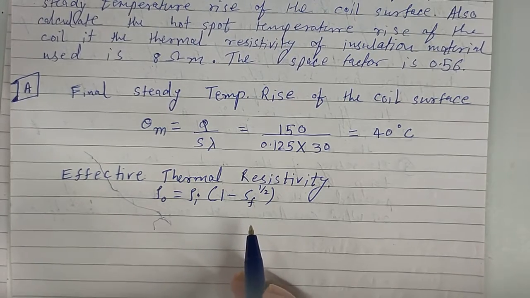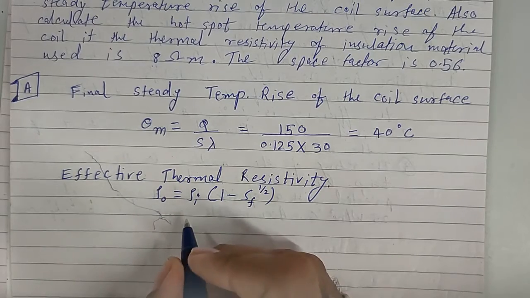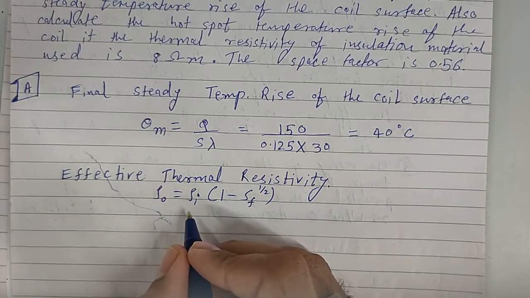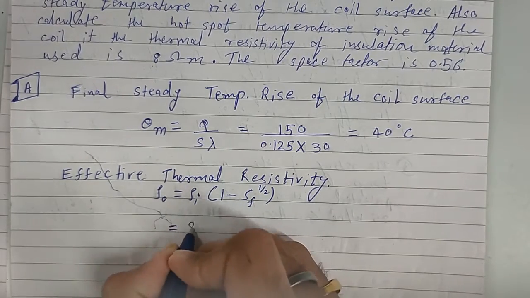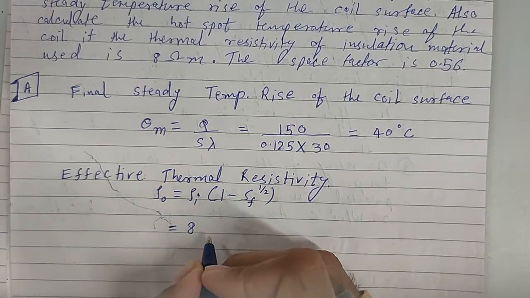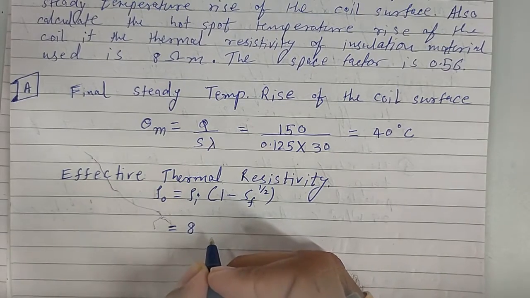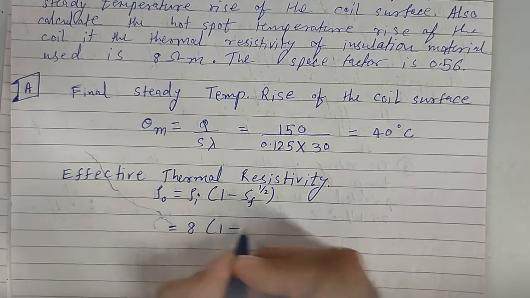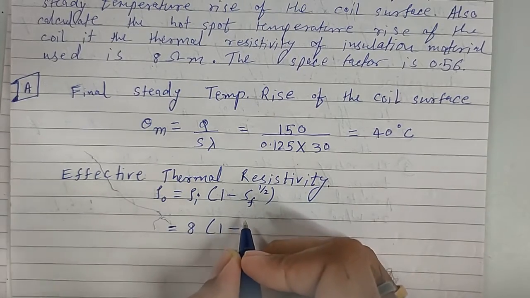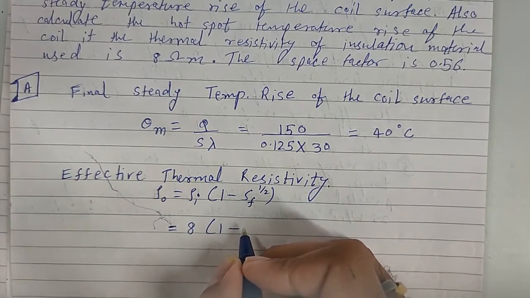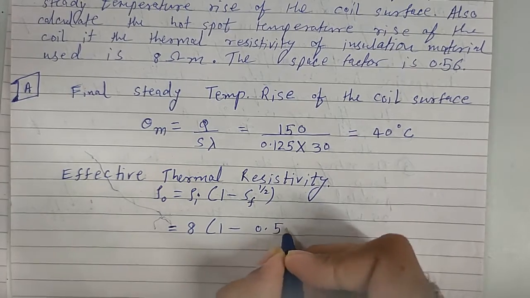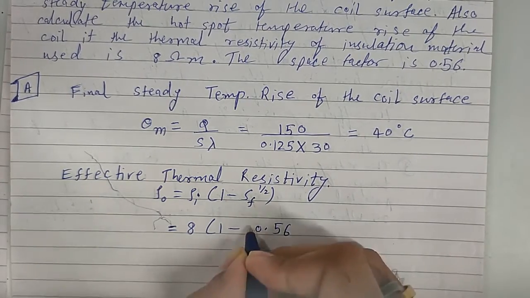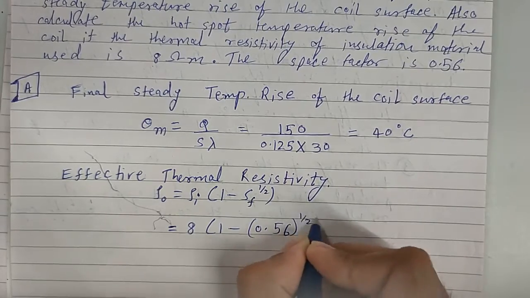Now moving ahead, if we look at the values provided, the resistivity of the insulation material is 8 ohm meter, and the value for the space factor SF is 0.56, and the whole raised to 1 by 2.